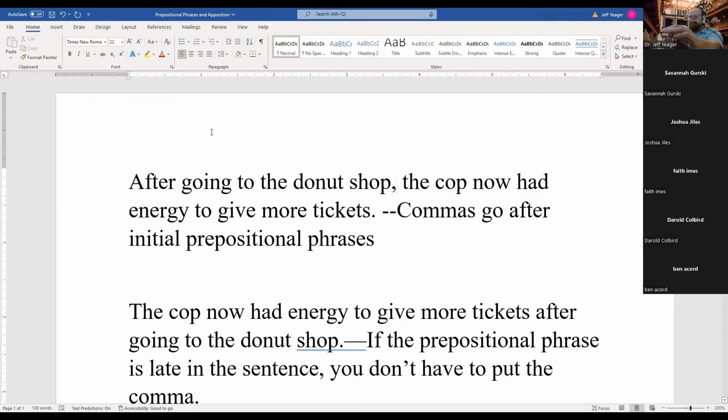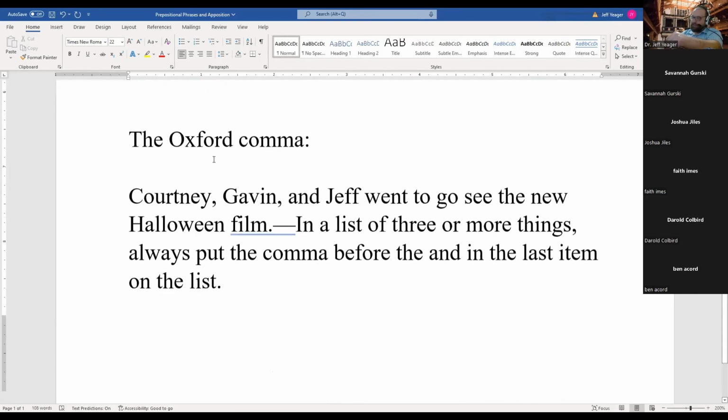Whenever I grade, I'm so anal retentive that I usually put the comma in every time. I wonder why it takes me a long time to do it. I can't help myself. So know to put your commas where you pause after these phrases at the beginning of your sentences.